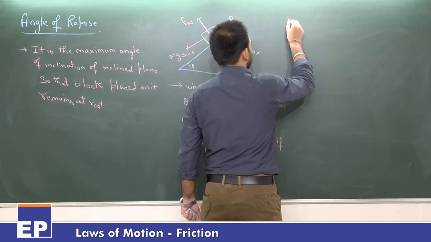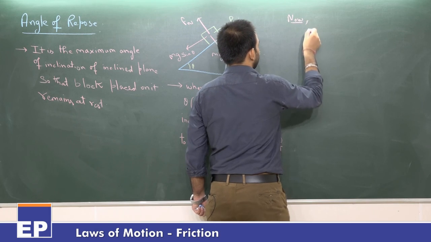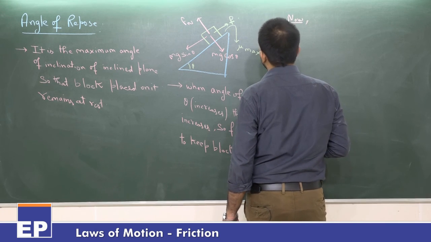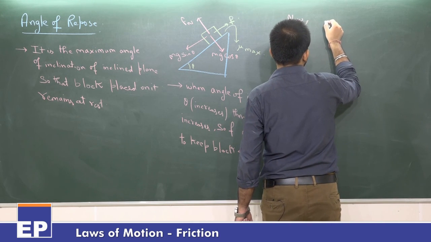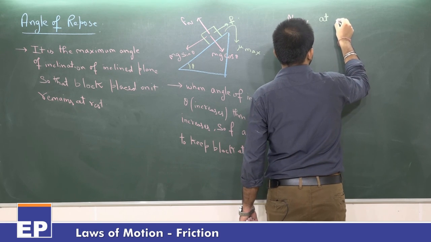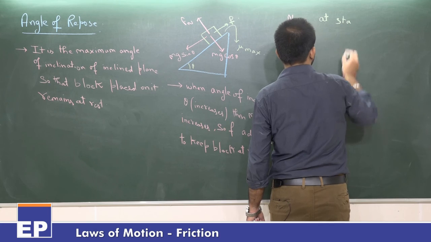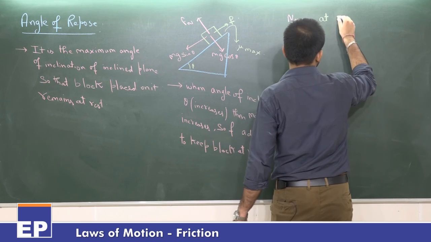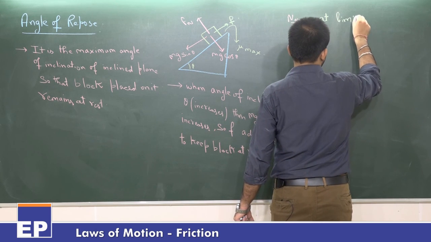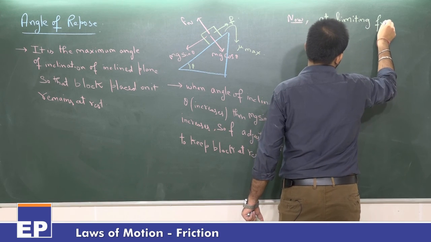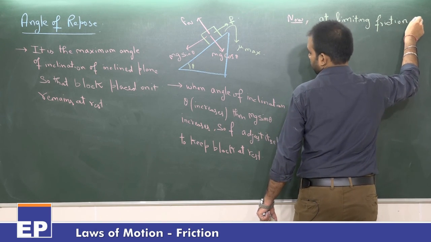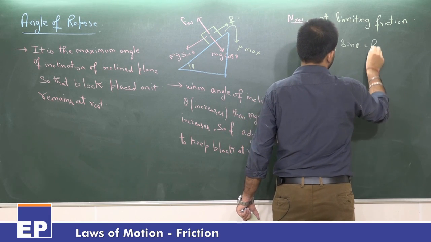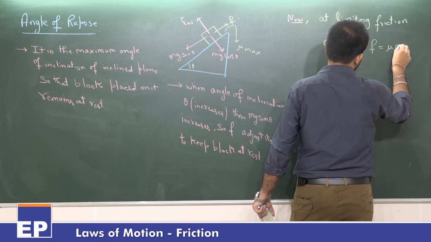Now we can say at static friction, at limiting friction, we get mg sin theta is equal to F, which is mu into Fn, which is mg cos theta.